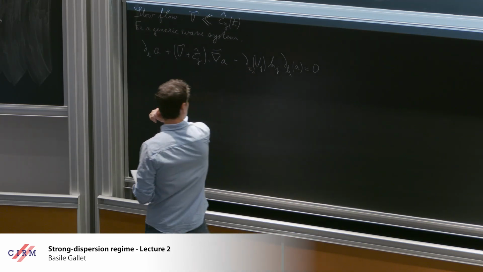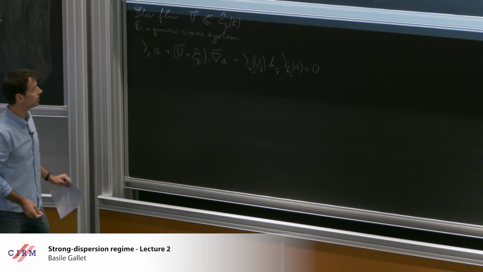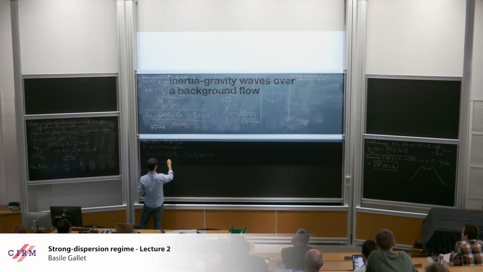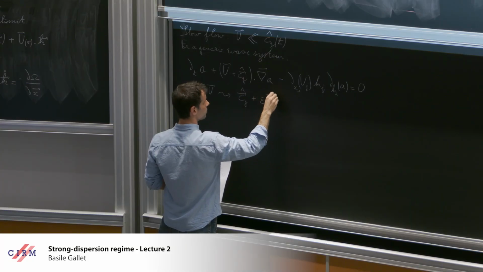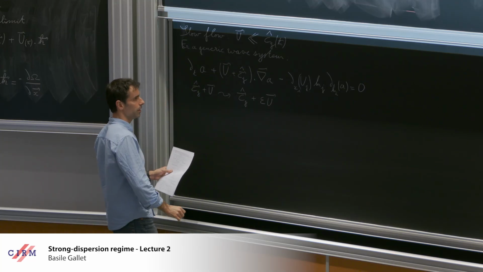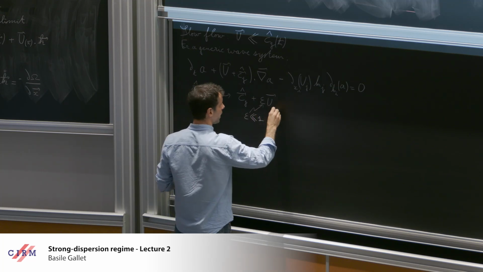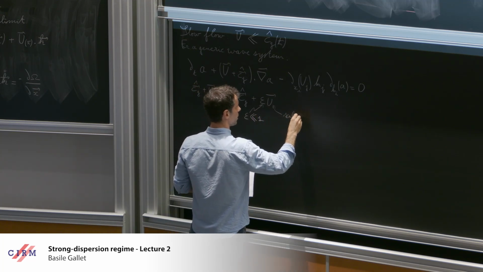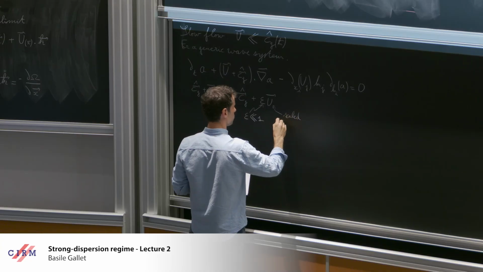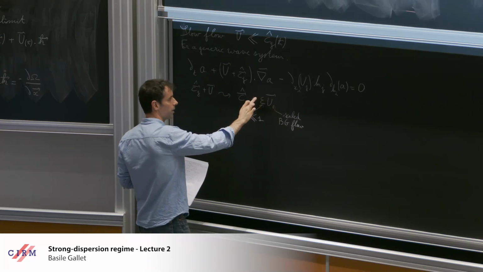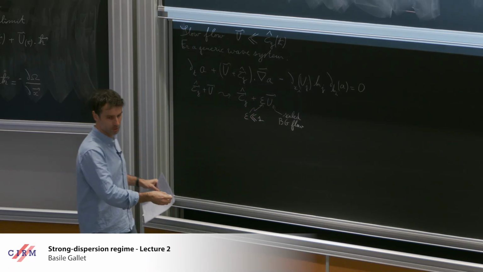And now, because I'm running out of time, the way I'm going to write that the flow is slow is just wherever I have U, I'm going to write this as c_g hat plus epsilon U. So I'm going to change notation slightly, where epsilon is much smaller than 1, that's a bookkeeping parameter, and this is a scaled amplitude, a scaled background flow, so that its typical value is order 1, and I have a small epsilon here so I can keep track of the epsilons.